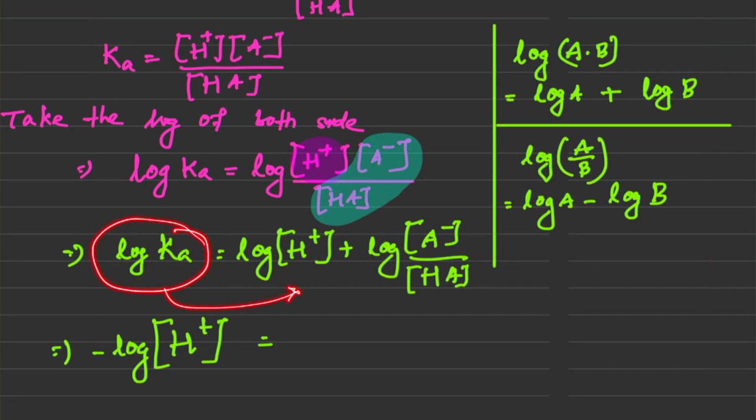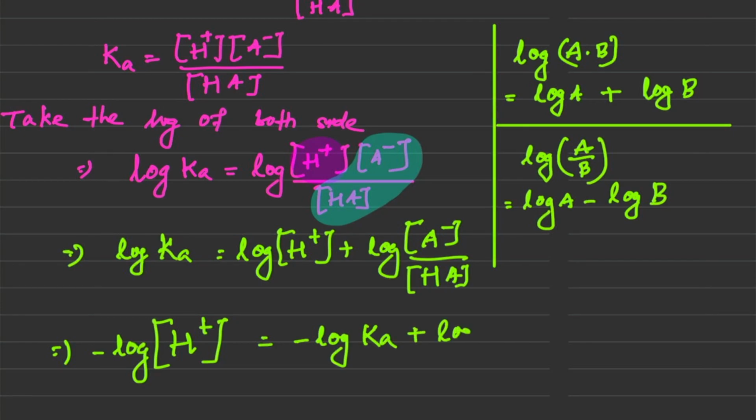The sign changes as well. It was positive before, now it becomes negative. So it becomes negative log of Ka, and nothing changes for log of A- by HA.